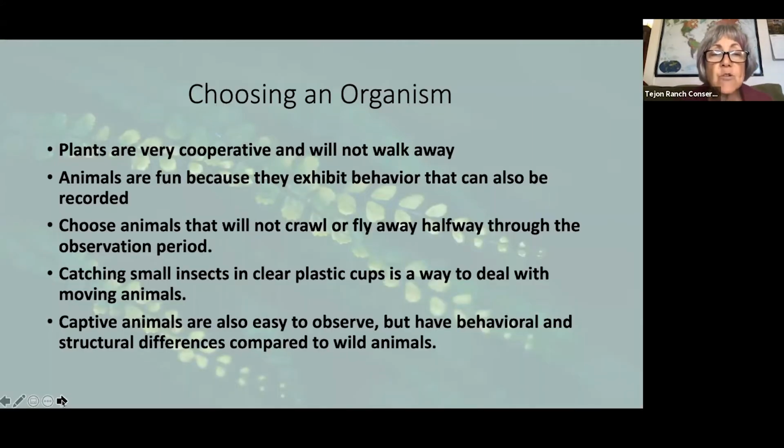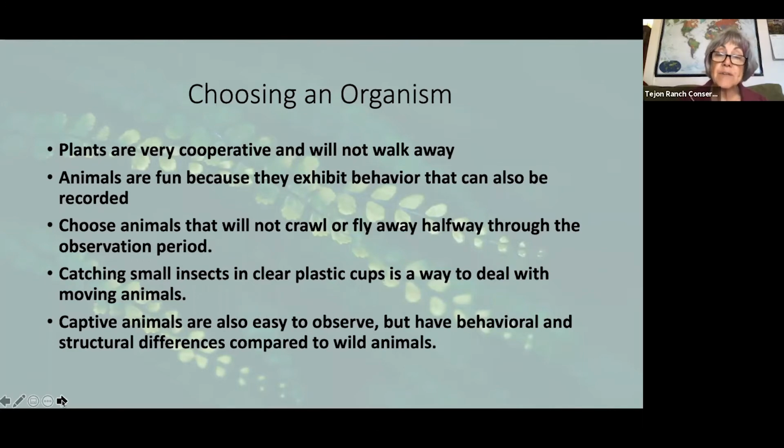In choosing that organism, keep in mind that plants are cooperative, so they won't walk away. But that said, an animal is fun because it exhibits behaviors that can also be recorded. Choosing an animal that won't crawl or fly away halfway through the observation period is really important. Catching small insects in clear plastic cups is a way to deal with moving animals.